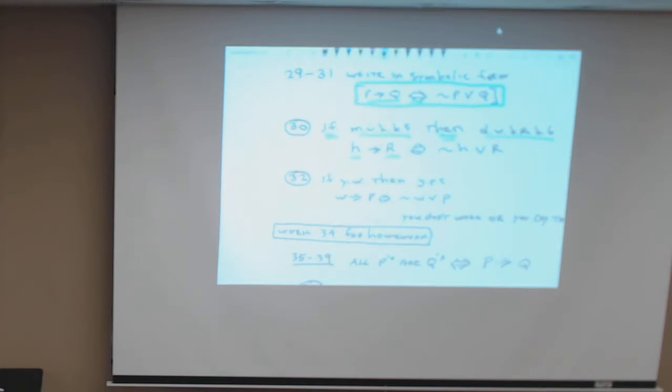If Mida's home by 5, then dinner is ready at 6. So I took all of that statement and symbolically wrote it like that. You follow me? And what did we say that was equivalent to? Right up here. So there's not H, Mida is not home by 5, or dinner is ready by 6.